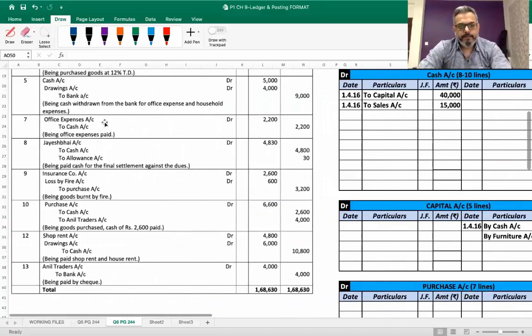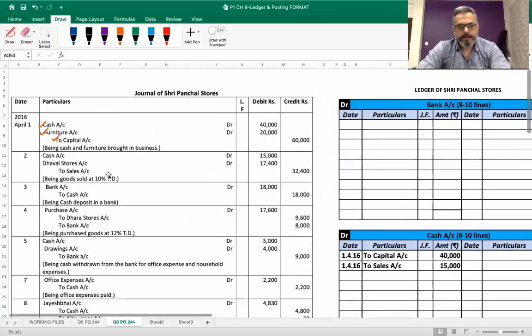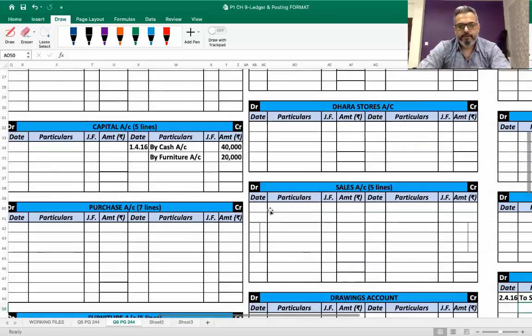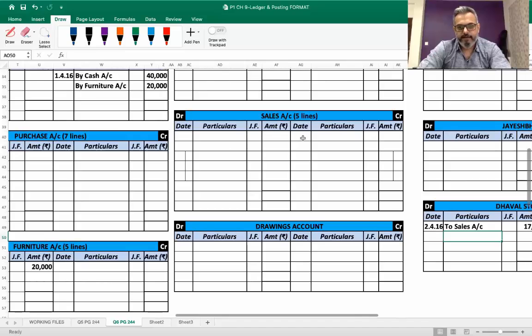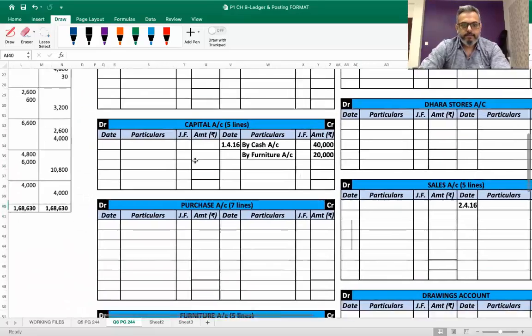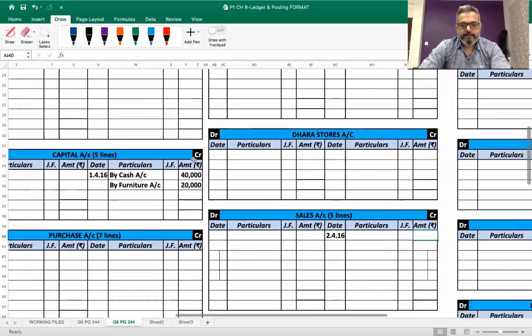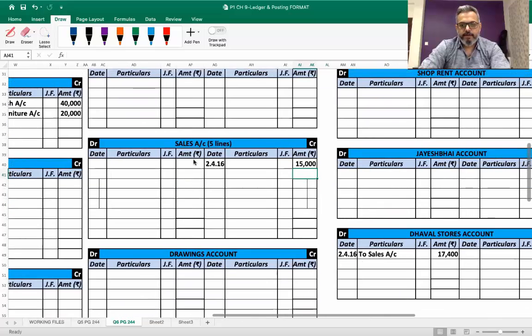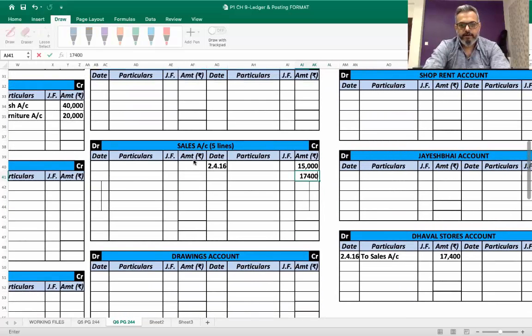Now, cash account done, Dhaval Stores account done, sales account credit side 32,400. So let's go to the sales account, credit side. Cash is 15,000 and Dhaval Stores is 17,400.